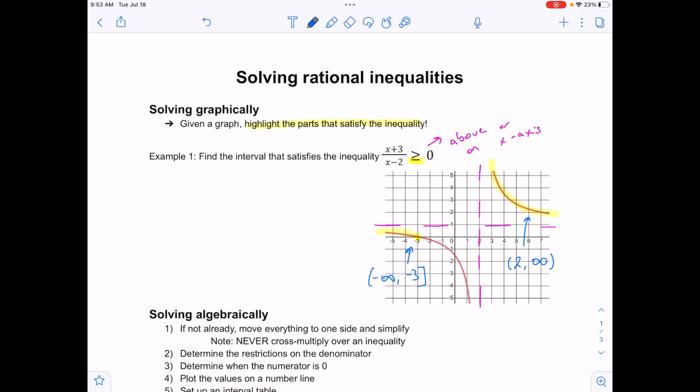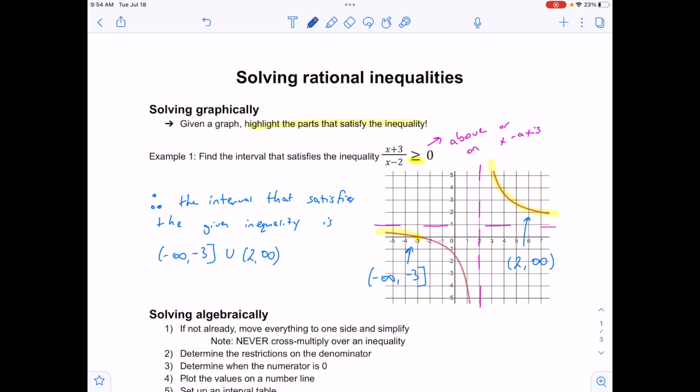Okay, so we can conclude, we can say therefore the interval that satisfies the given inequality is, and I'm going to write negative infinity to negative 3 inclusive, union 2 to positive infinity.